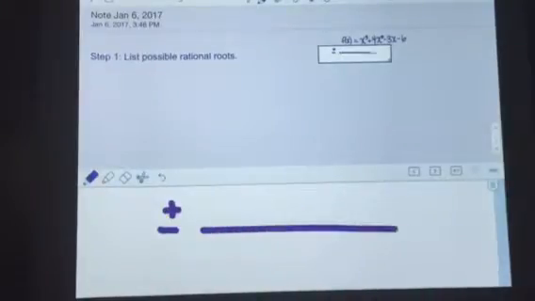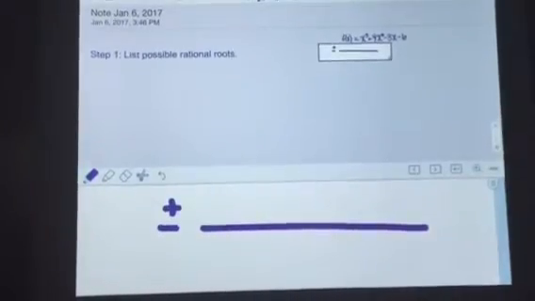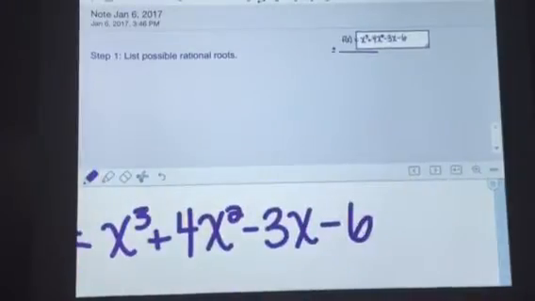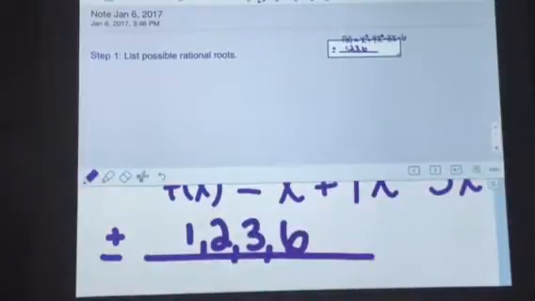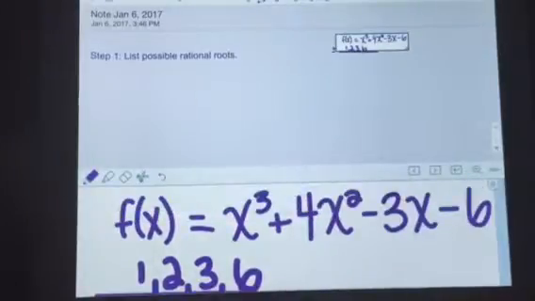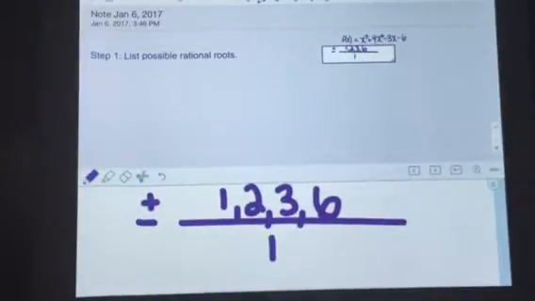You take the positive or negative and you list all of the factors of the constant, which was 6, in the numerator, so that would be 1, 2, 3, and 6. Those are all of the factors of 6. And in the denominator, we list all of the factors of the leading coefficient, which is 1. So 1 is the only factor of 1, of course.